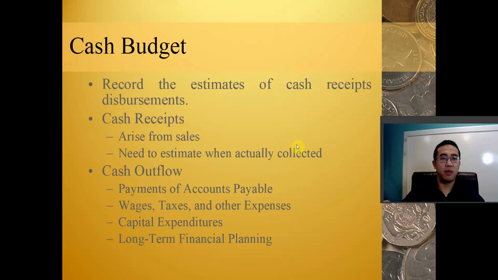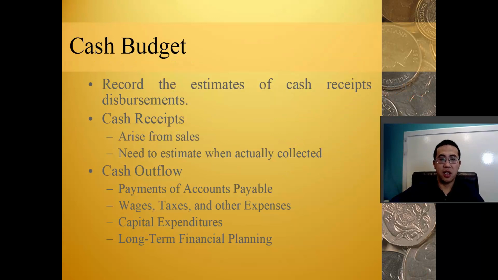Okay, so the cash budgeting here records the estimates of cash receipts and disbursements. So you receive cash from sales, and you need to estimate when actually you will collect that cash.